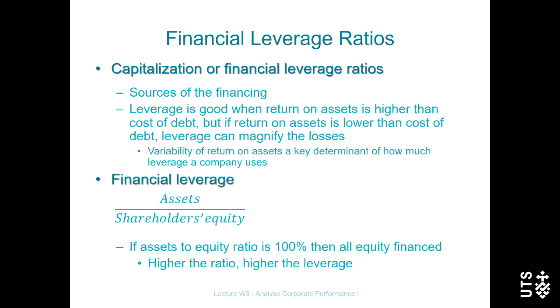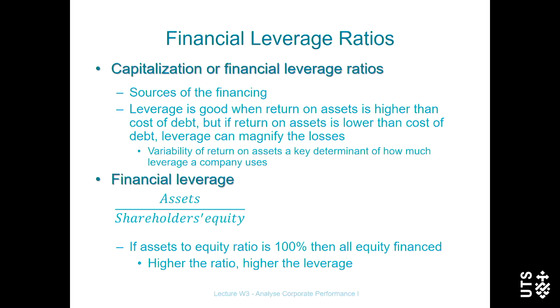So when we're looking at financial leverage ratios, we are also looking at coverage, at how well the company is doing in terms of repaying the costs of the debt. But we're going to start with the first leverage ratio, which is called financial leverage. This is actually something we're going to use in DuPont. So we're doing assets divided by shareholders' equity.